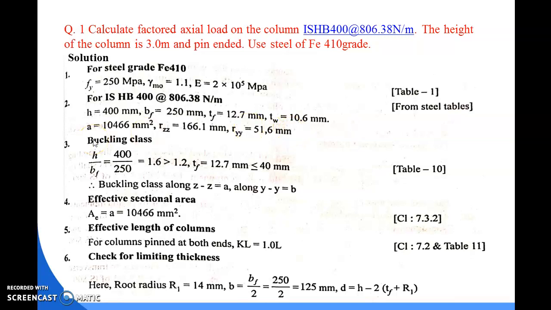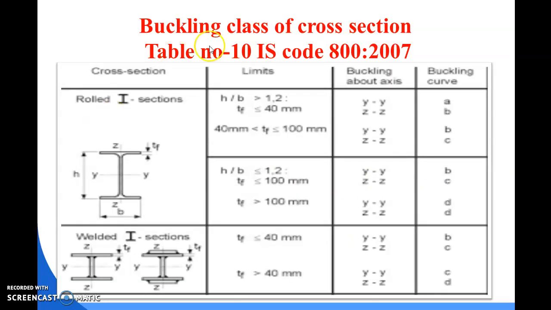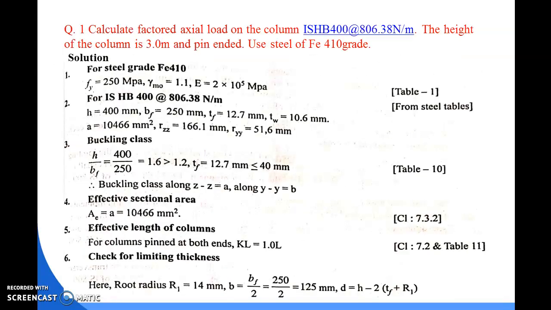First of all, we need to find out the class of buckling. For that, we need to use the formula H by BF from table number 10 in IS code 800-2007. So H by BF, that is the total depth of the I section divided by the width of the flange.